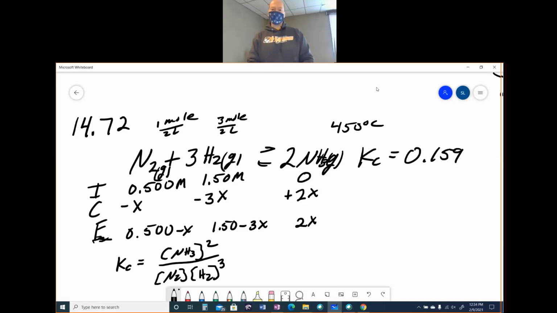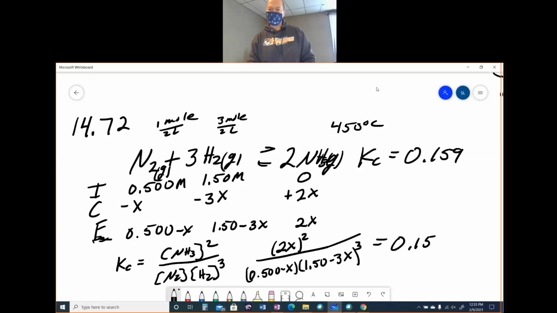For the NH3, we have 2x, so it is 2x squared. For our N2, it is 0.500 minus x. And for our hydrogen, it is 1.50 minus 3x, quantity to the 3rd, and that is equal to 0.159.